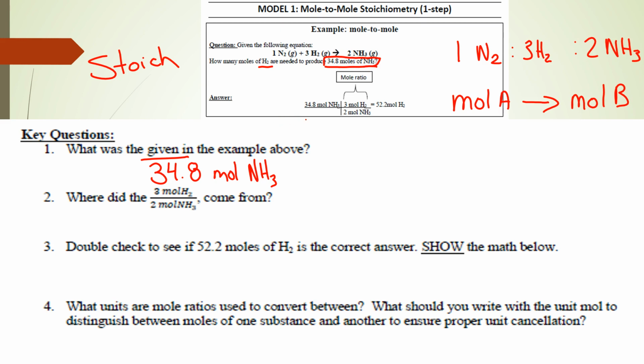Now, looking at our relationship here, they actually give us the example of how to solve this. I'll write this a little bit different. Instead of using the little train tracks like they use, I would have written this as 34.8 mole of NH3, and then I'm going to say 3 mole of H2 over 2 mole of NH3.